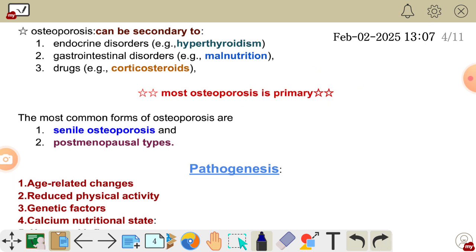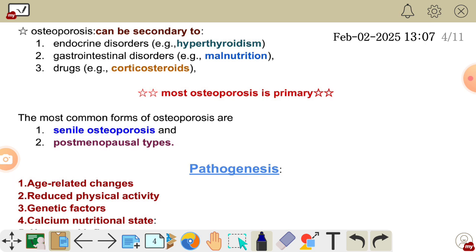So the primary causes, these ones are not secondary, the osteoporosis is not caused by another condition, a different condition, but it occurs primarily on its own. Okay, so of these conditions, the most common ones we have are senile osteoporosis, which is due to aging. And then we also have postmenopausal osteoporosis or postmenopausal types.